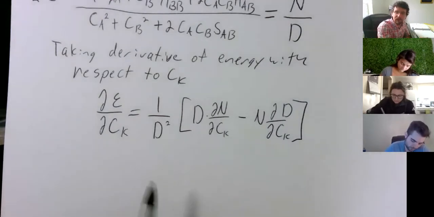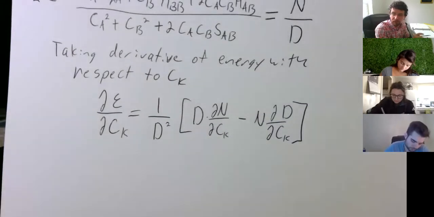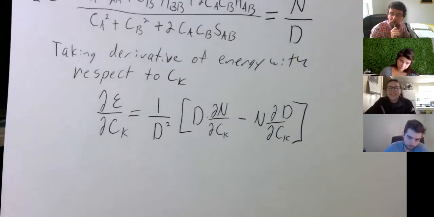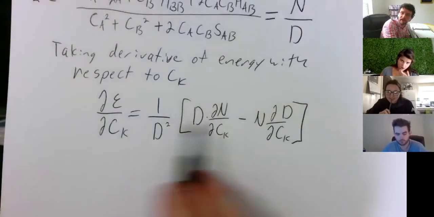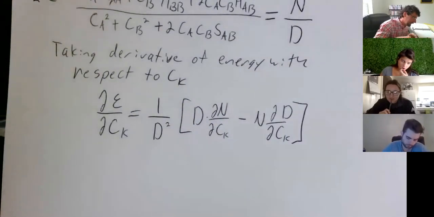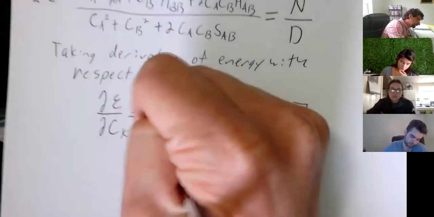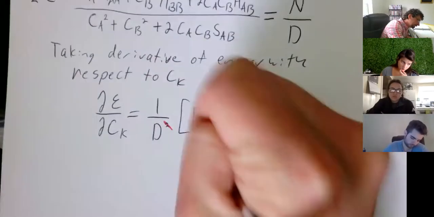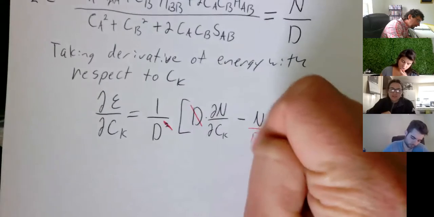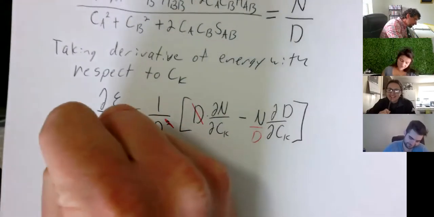Let's try to simplify this. How would you simplify this expression? Cancel out one of the D's? No, you can't do that. Yeah, apply one of the D's through, and this is going to cancel out.